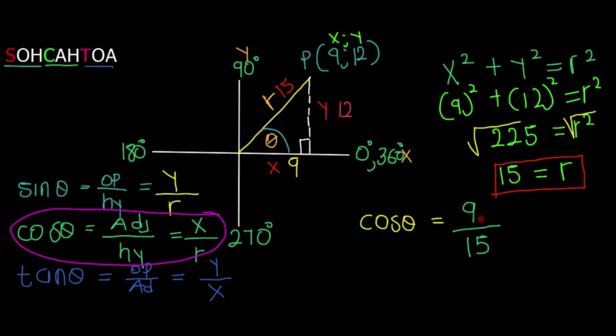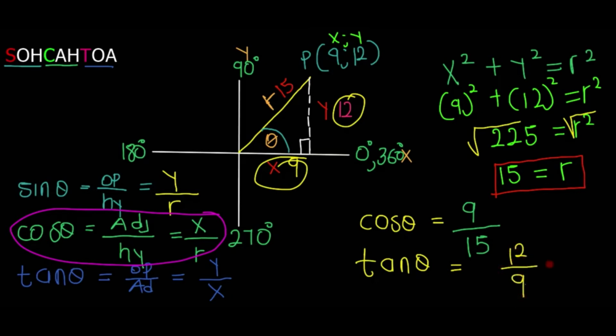So now we can find the value of cos theta, and if the question says find tan theta, we know tan theta is opposite over adjacent, which is y over x, and this is our y, and this is our x. So we will have 12 divided by 9. So every time you look at your trig ratio and then substitute with the values we have on a Cartesian plane.